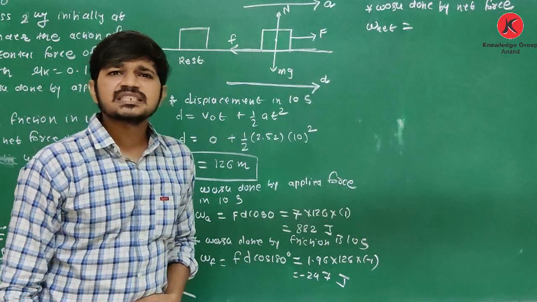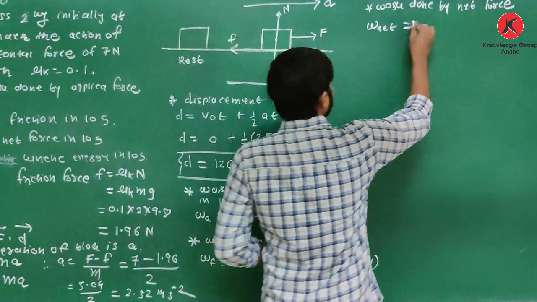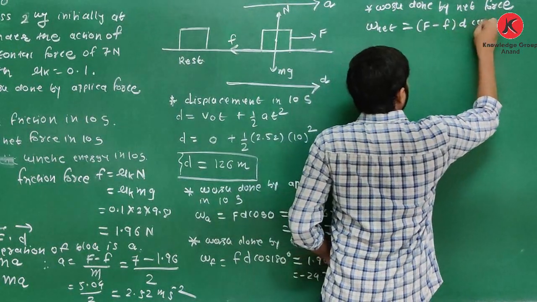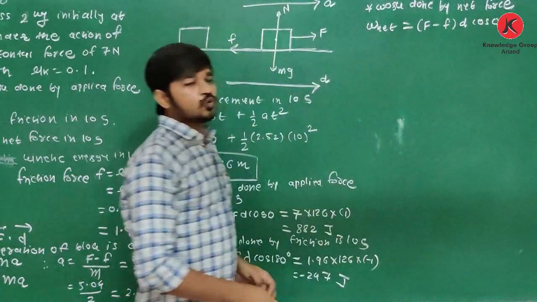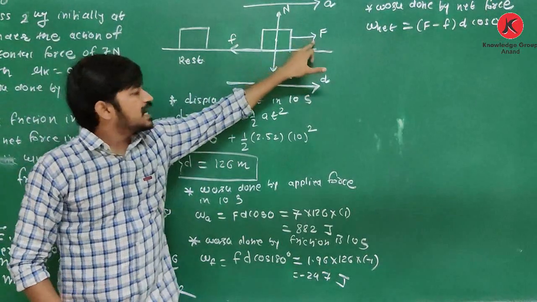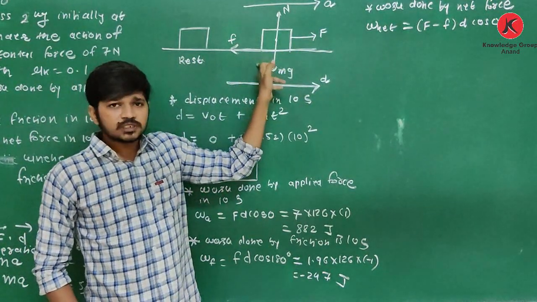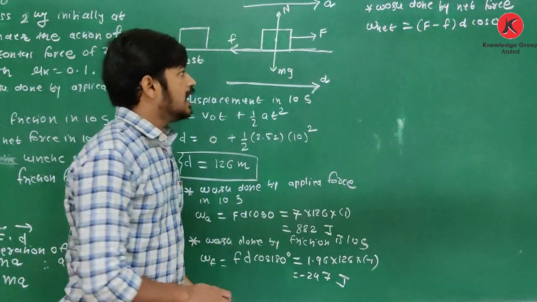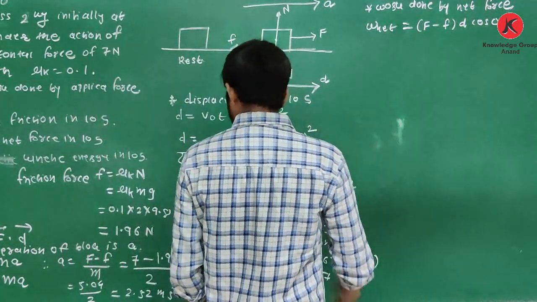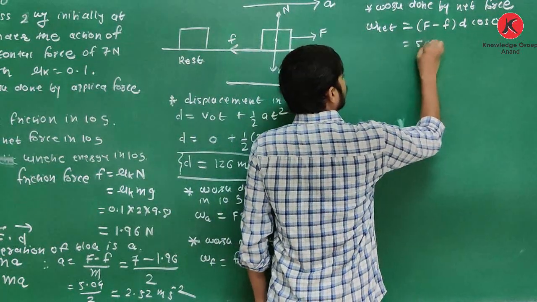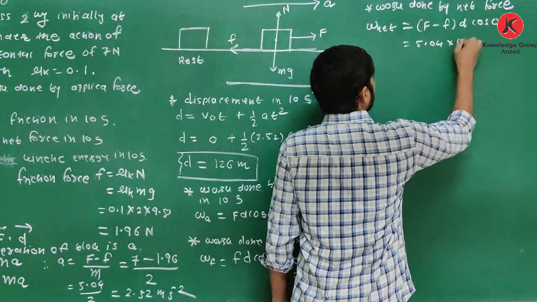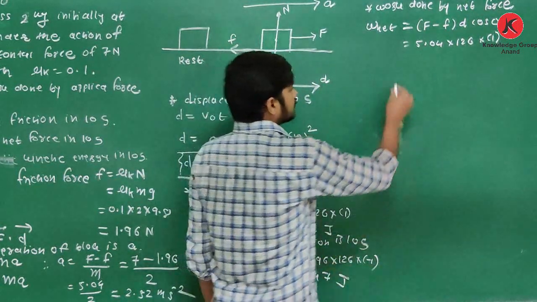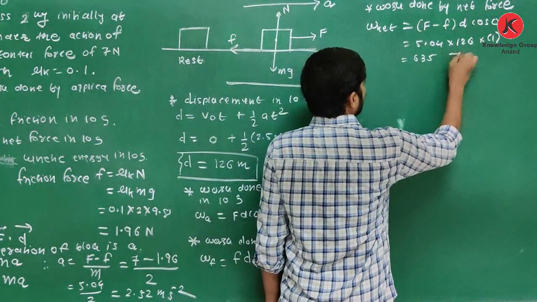What is the net force? The applied force is acting in this direction, friction force is acting in the opposite direction, so the net force is F minus f. And what is F minus f? It is 5.04. Displacement is 126. Cos 0 is 1. So you will get the answer 635 Joule.